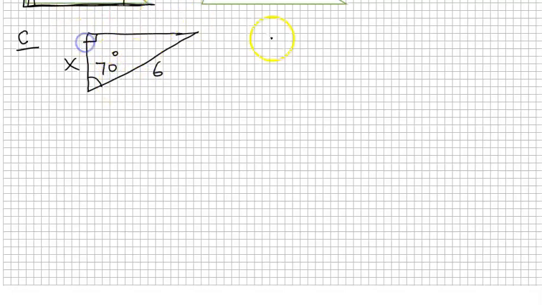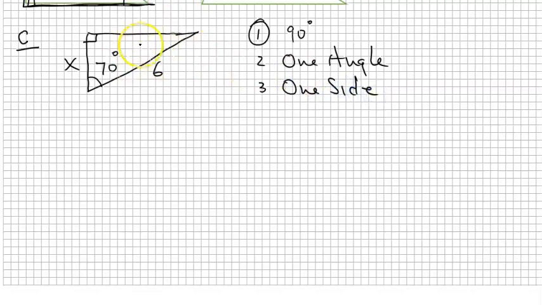Now how to identify? This is 90 degrees. Second is only one angle, and third is only one side. It is given. So now we will start from there.